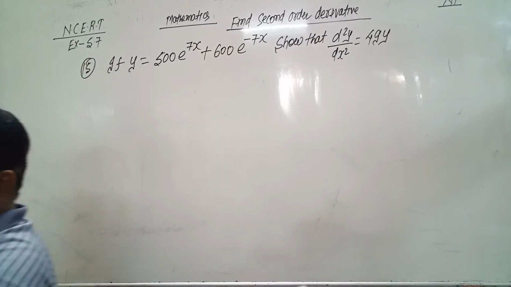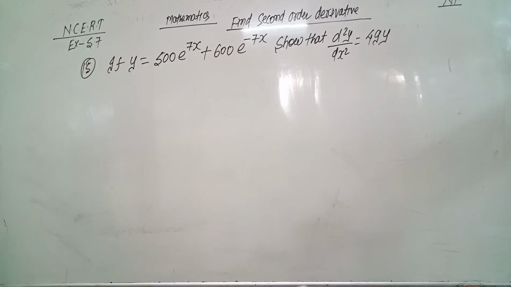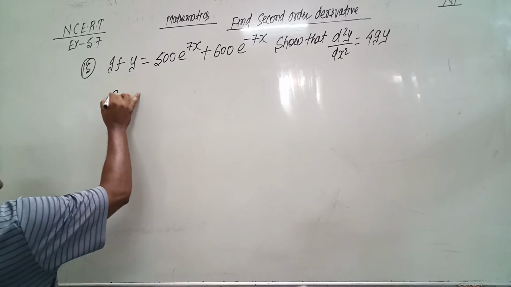So we will have to find d2y by dx square, and for it first we will find dy by dx.